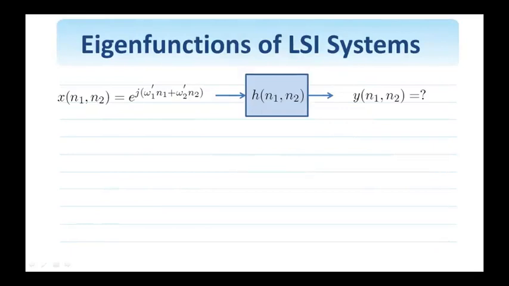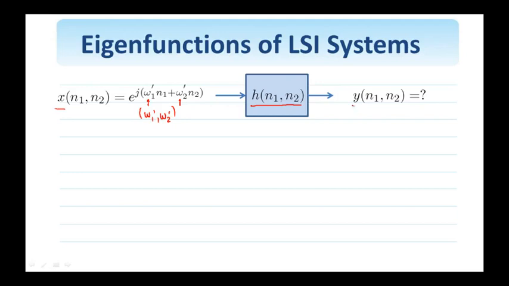Let us consider a linear and spatially invariant system with impulse response h(n1, n2). We put in signal x as its input, and this signal is a complex exponential with specific frequencies omega 1 prime, omega 2 prime. This is a two-dimensional pure tone since it only contains, again, this particular frequency omega 1 prime, omega 2 prime.